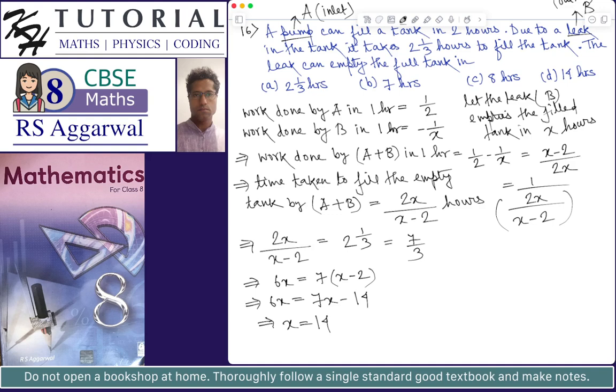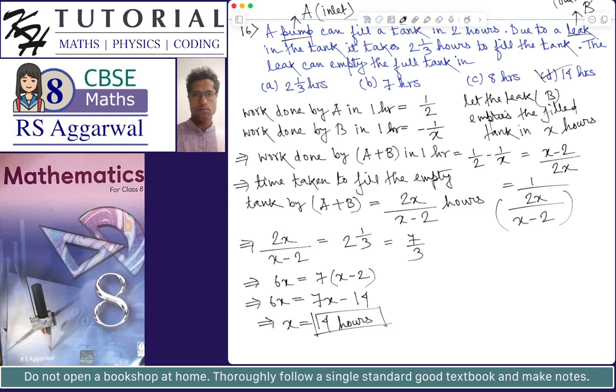As per our assumption, x was the time taken by the leak to empty the filled tank. So the answer is 14 hours. The leak alone will empty the filled tank in 14 hours. So the correct choice should be D, that is 14 hours. Let me check the answer. D is 14 hours.